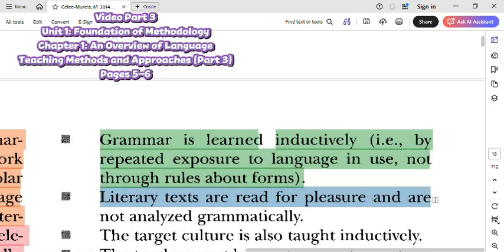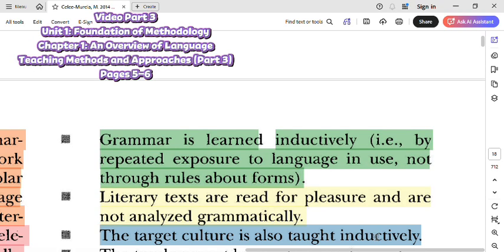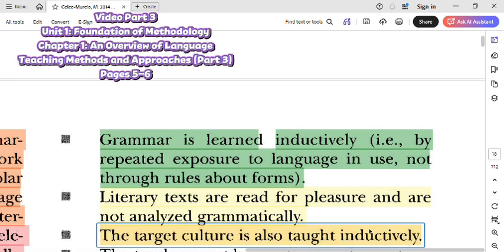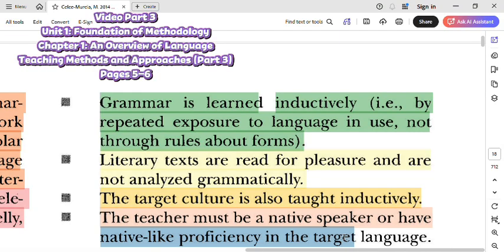Bullet point 5. Literary texts are read for pleasure and are not analyzed grammatically. Bullet point 6. The target culture is also taught inductively. Bullet point 7. The teacher must be a native speaker or have native-like proficiency in the target language.